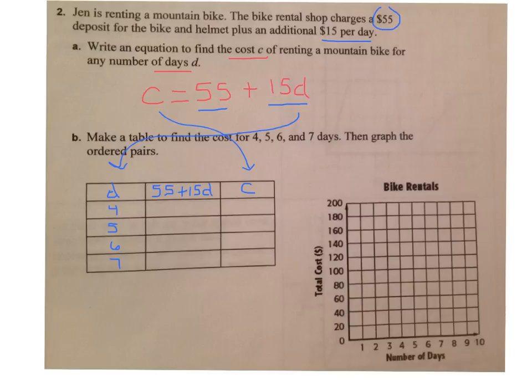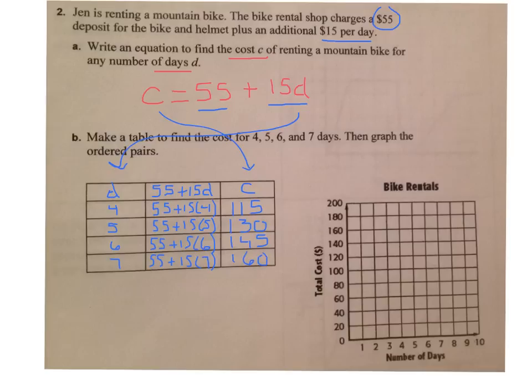So remember, this is where we plug in 4, 5, 6, and 7 for D. All right, and if you calculate all of these, we should get 115 for 4 days, 130 for 5 days, 145 for 6 days, and 160 for 7 days.